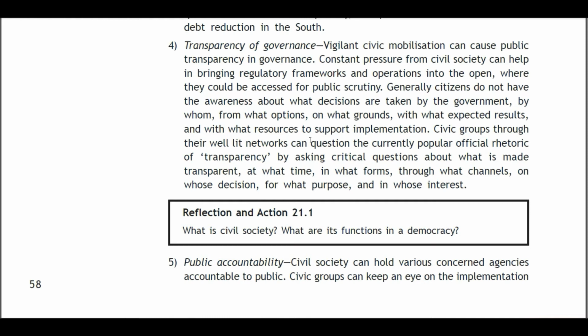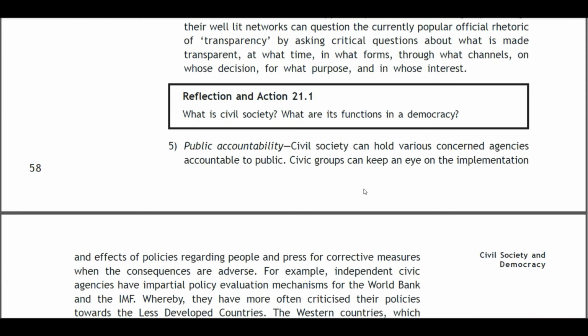Civil groups, through their well-lit networks, can question the currently popular official rhetoric of transparency by asking critical questions about what is made transparent, at what time, in what forms, through what channels, on whose decision, for what purpose, and in whose interest.